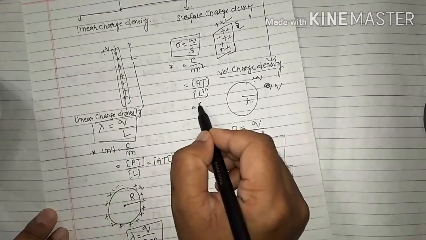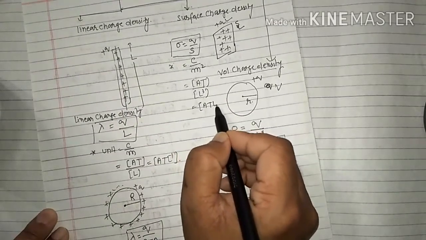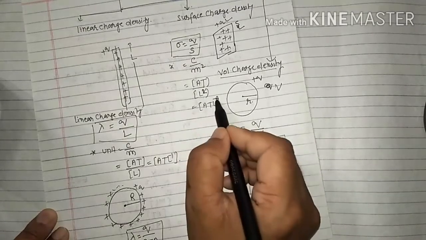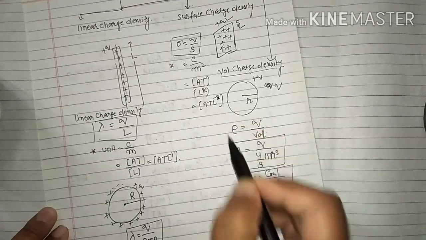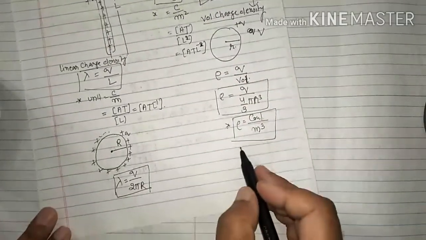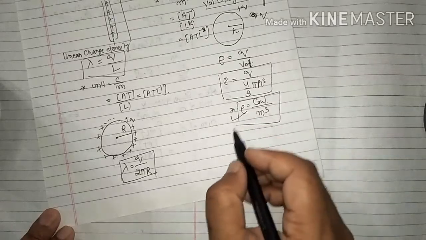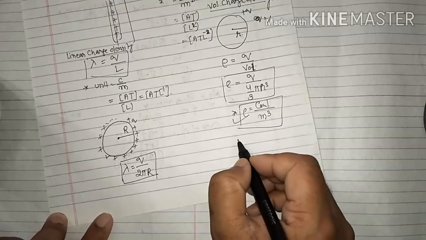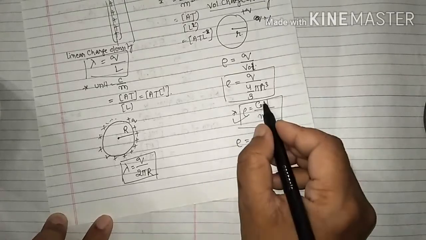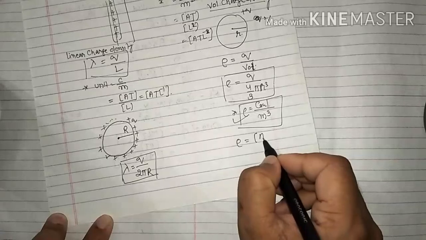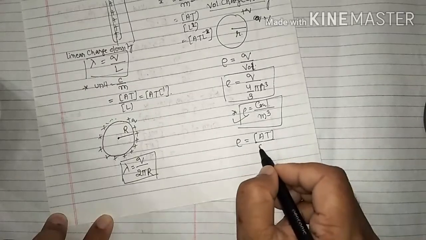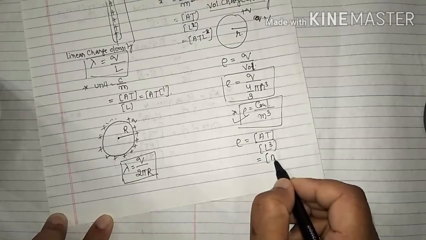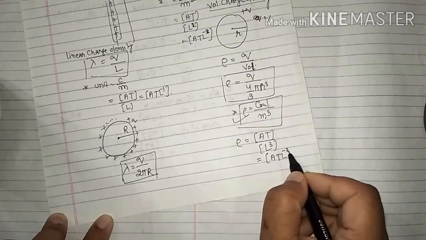So it will be A T L minus 2. Okay, now come to the next one, the dimension of rho, which is volume charge density. The dimension of charge will be A T and volume L cube. So finally it will be A T L minus 3.